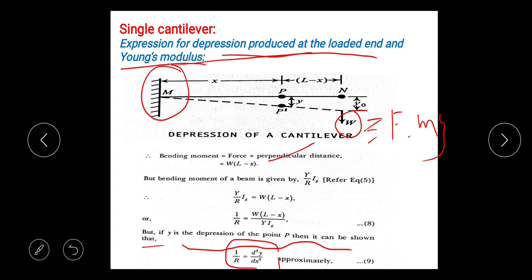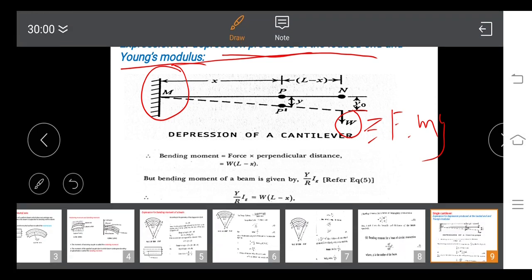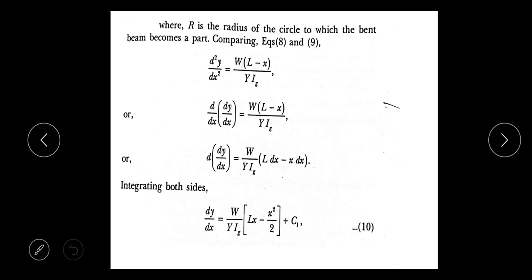Now substitute equation 9 in equation 8. In the place of 1 by R, we write d square Y by dx square. So substituting that, we get this equation.